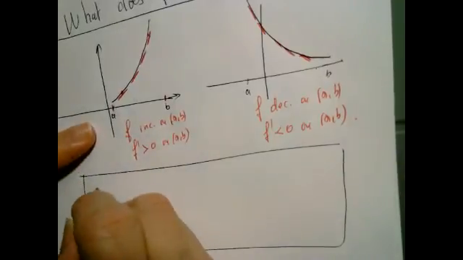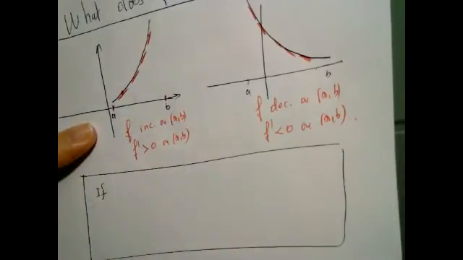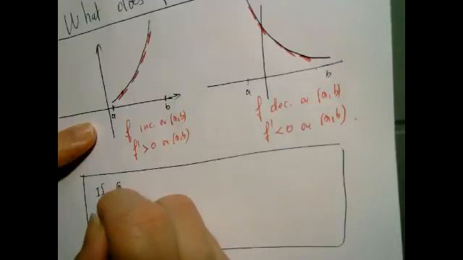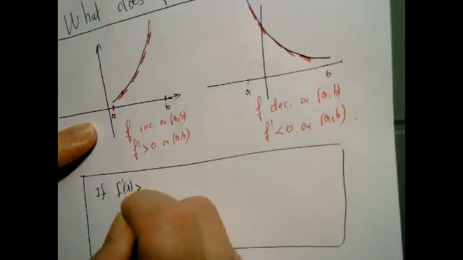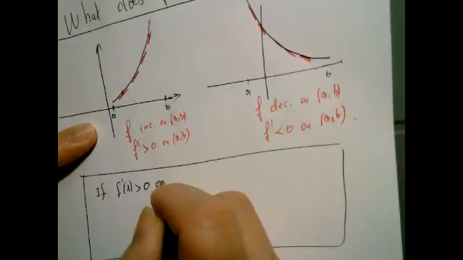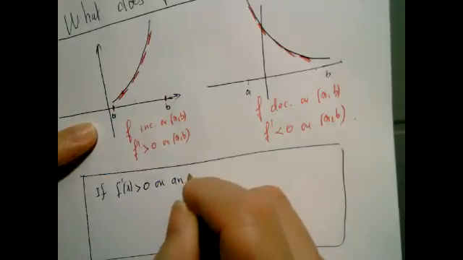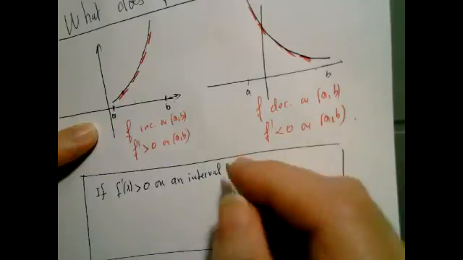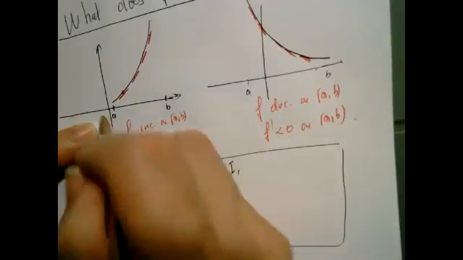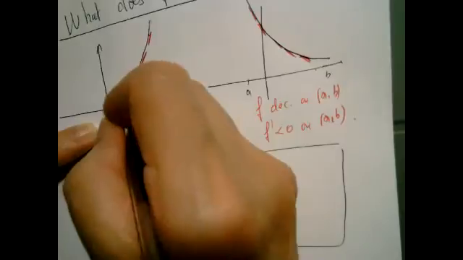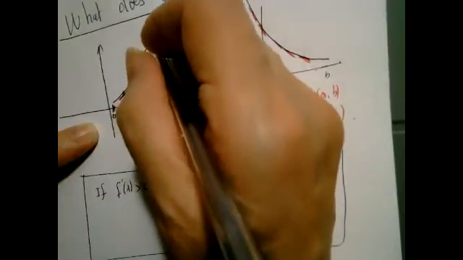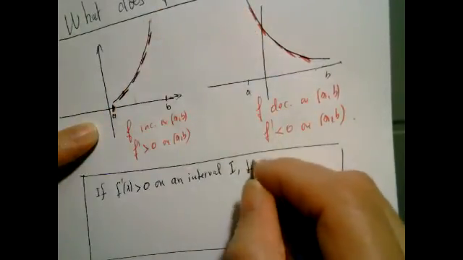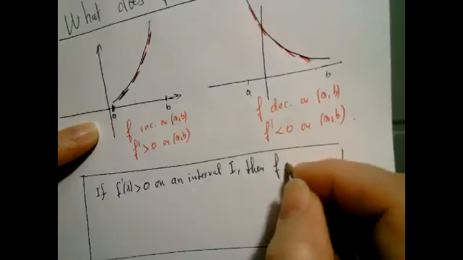Tells me the following. If the derivative is positive on an interval AB, on an interval, let me call it I. So if the slope is positive, then f is increasing on this interval.